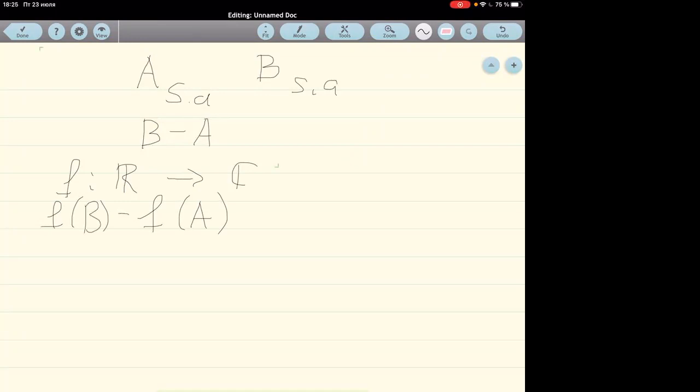And well, then the problem is to estimate the size of f of B minus f of A in terms of the size of B minus A. In particular, we can consider the following natural class of functions called operator Lipschitz functions.